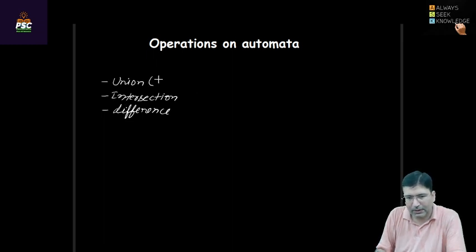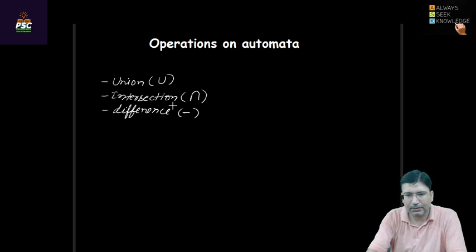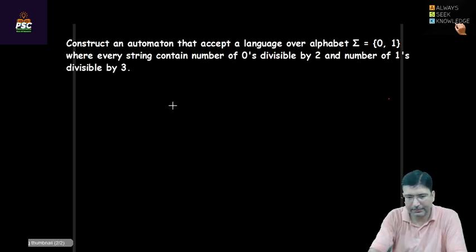Union we represent like U, intersection we know like this mathematical symbol, and difference like minus. Now I'm taking just one example, and with the help of that example we can understand.